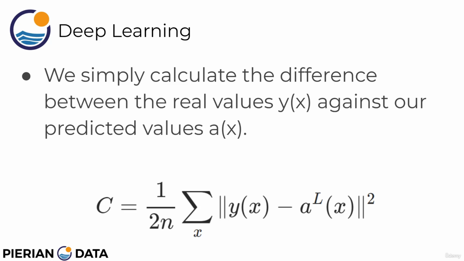Keep in mind that a of L, that notation, signifies the activation function output of the L layer, where L is your last layer, which means the layer before that in the network is L minus 1, then the layer before that is L minus 2, and so on. Later on, we'll see why it's more convenient to mark L as your last layer and then work backwards from there instead of starting from the beginning. So again, a of L of x is essentially your predicted output.